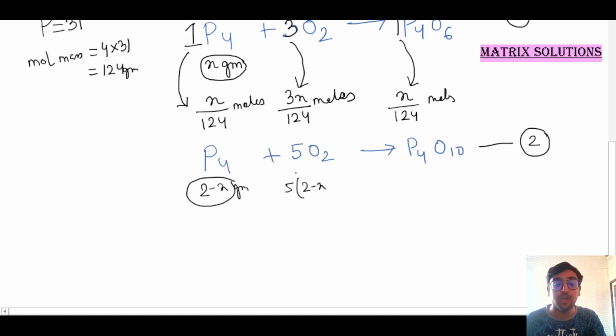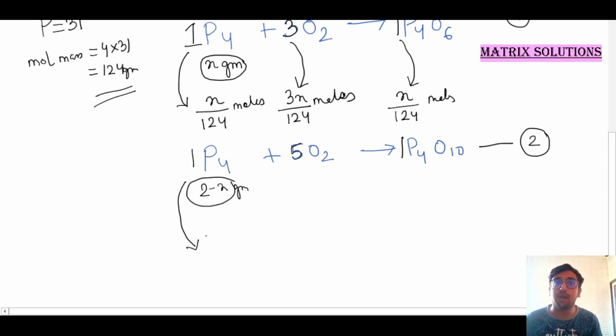So what will we do? We will convert 2 minus x gram into the number of moles. First of all, the ratio is 1:5:1. We know that 1 mole of P4 weighs 124 gram. So what will 2 minus x gram weigh?